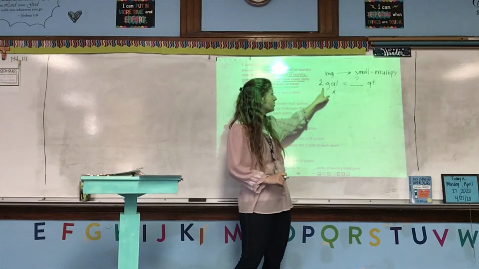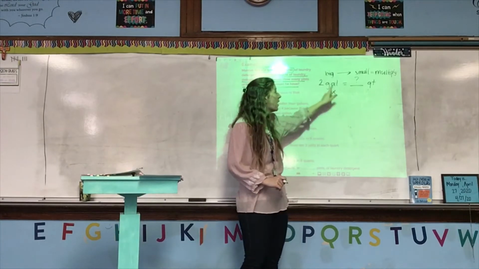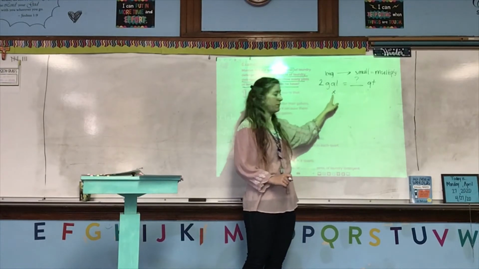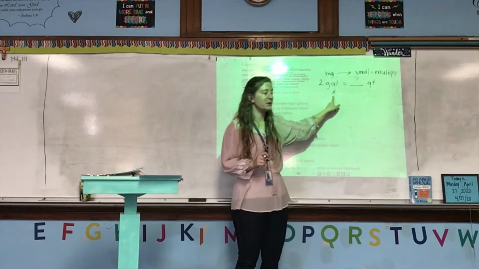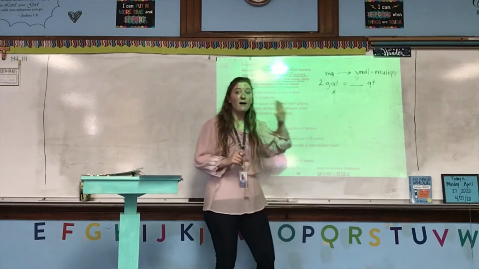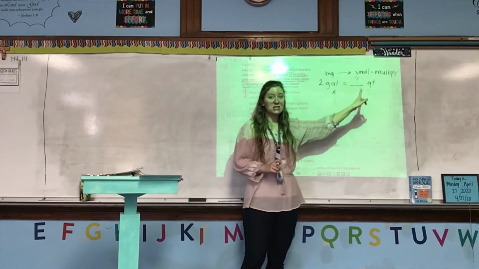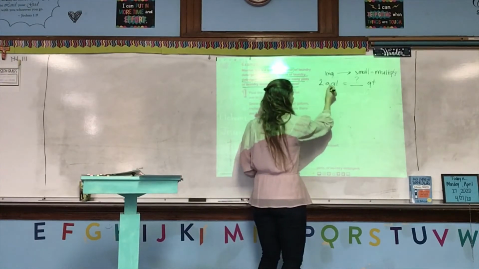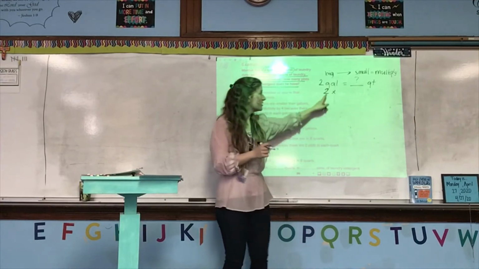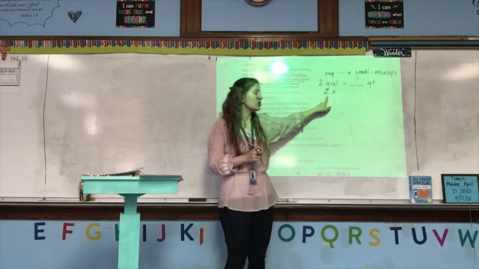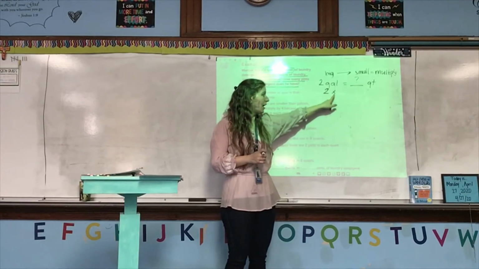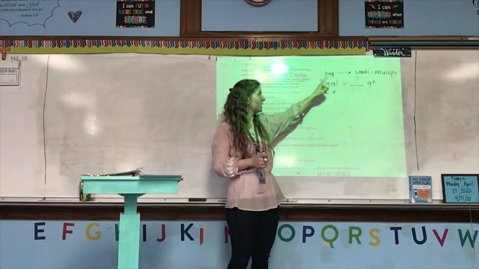We know 2 gallons, we're trying to find quarts. We're going from big to small, so we multiply. Now, I always start with what I know. I know, just by looking at this problem, that I have 2 gallons. So I'm starting with what I know, which is 2. I already know I'm multiplying because I'm going from big to small.